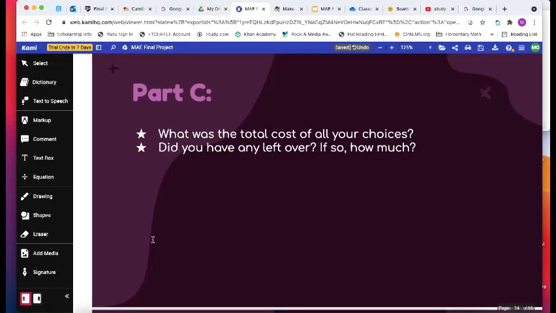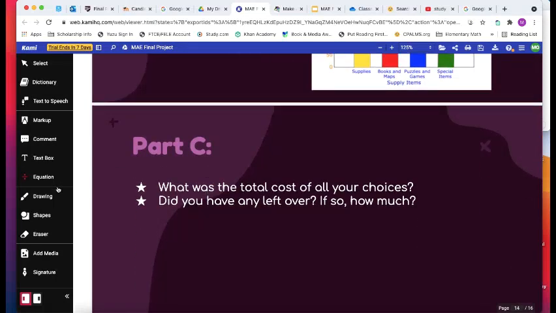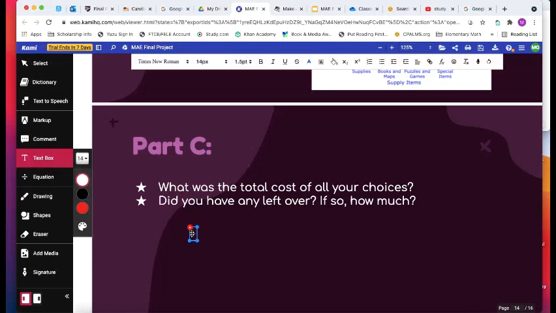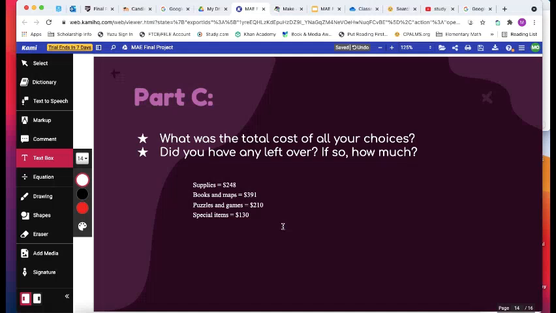Now part C says, what was the total cost of all your choices? And the second question is, did you have any left over? If so, how much? So now what we have to do is we have to take all these prices, which I'm going to put right down here, just so I don't have to keep scrolling up and down to look.